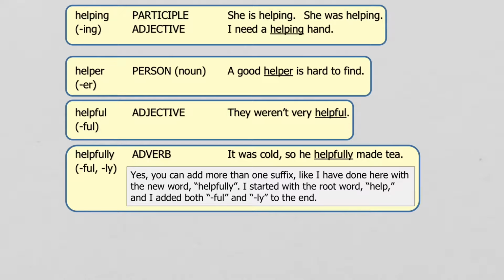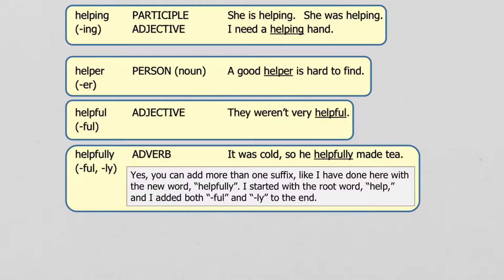We could have a present participle, or we could have a past participle. A present participle would be something that's happening now, and a past participle would be something that happened before in the past. And again, we're using the root word help and adding ing to the end.